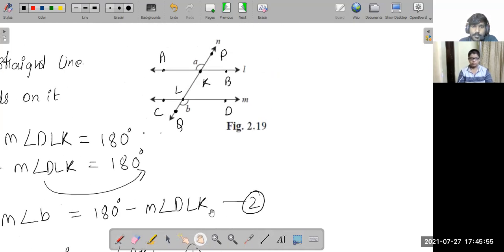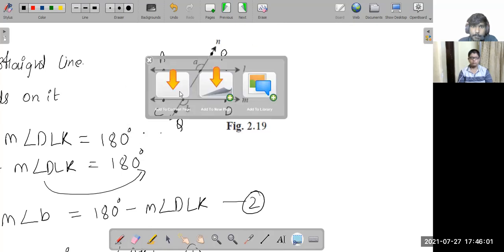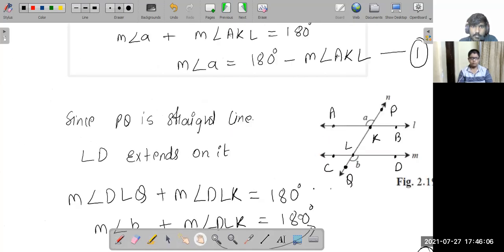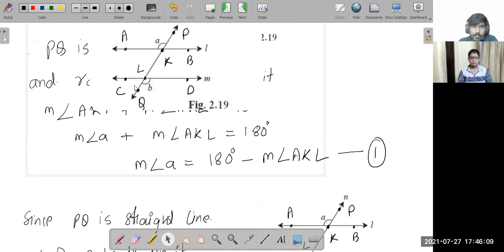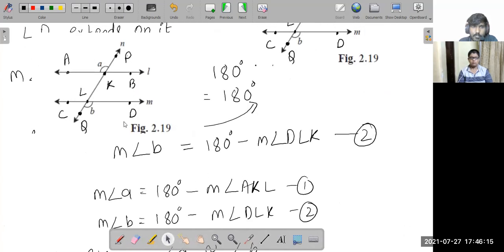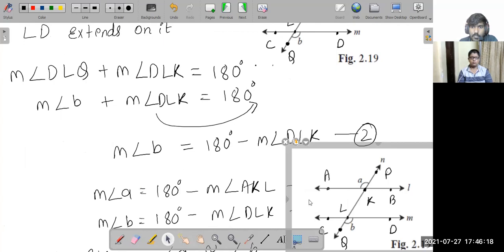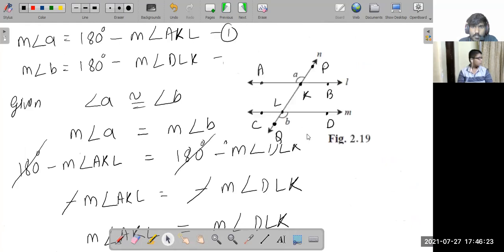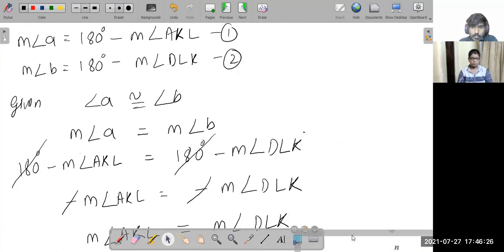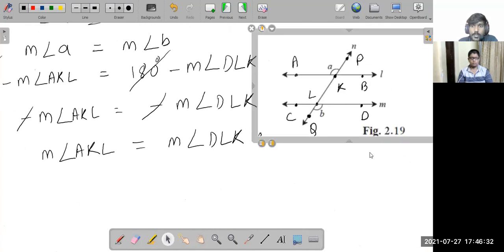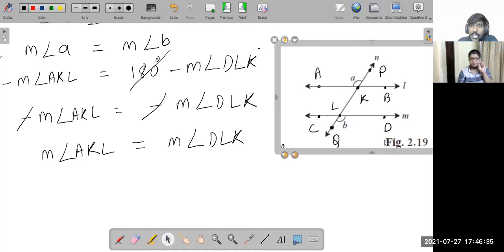Now look at the diagram. Look at the diagram now, where locate measure angle AKL.